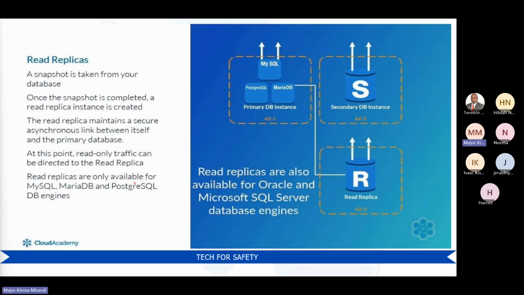Read replicas are only available for MySQL, MariaDB, and PostgreSQL DB engines. So we have the primary DB instance in AZ1, the secondary DB instance in AZ2, and now we have your read replica. It's also good to know that they are also supported in Oracle and Microsoft SQL Server database engines.